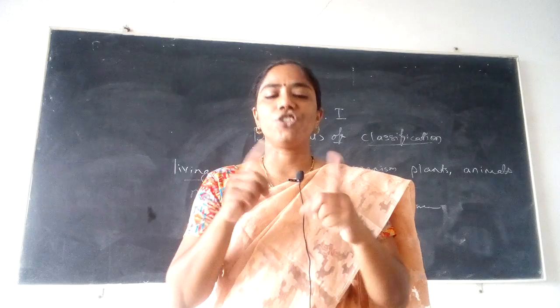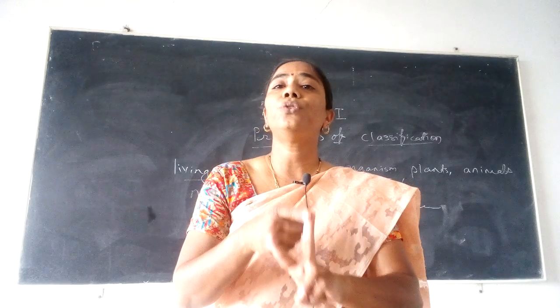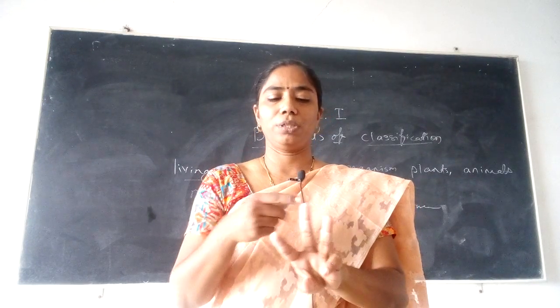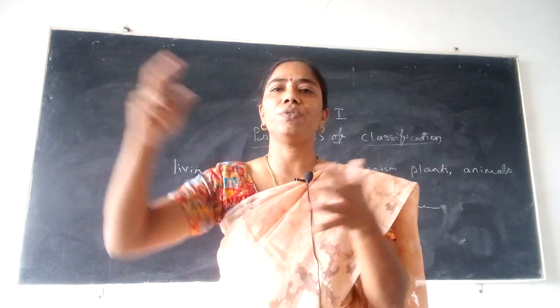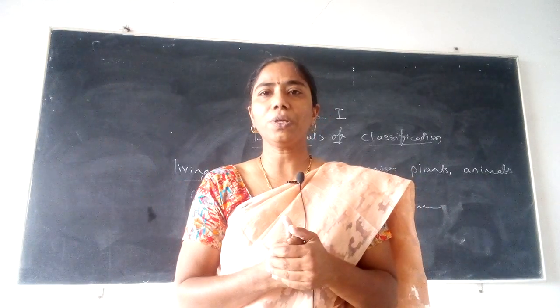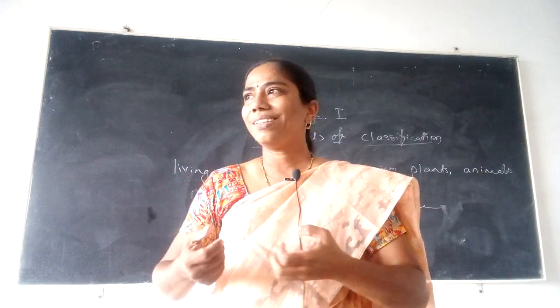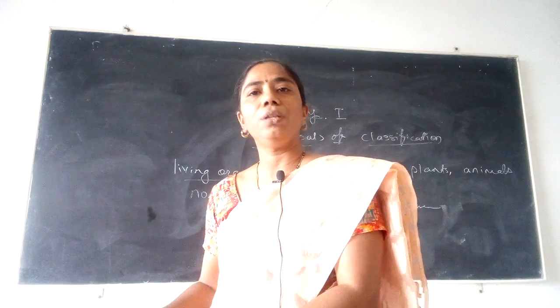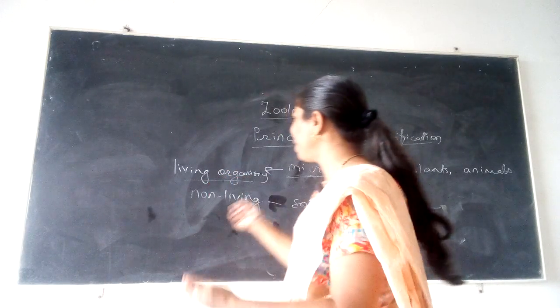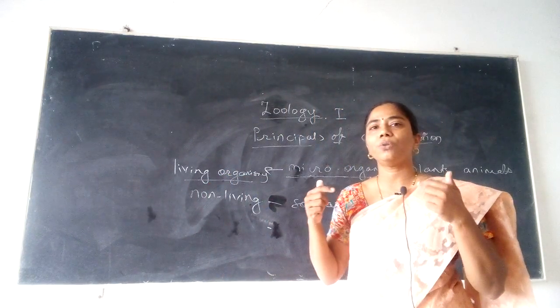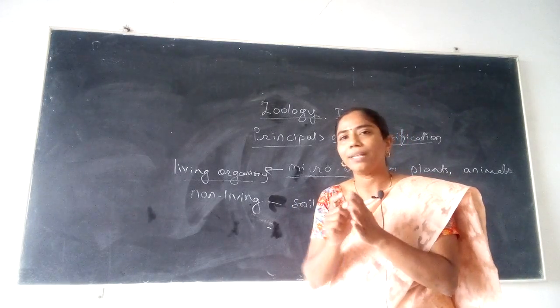Why? Because it respires, it requires food for its growth. It shows growth. The small lion will become large in size. Lions also reproduce and produce young lions. So when you think of all those things, you keep that lion in the living organisms.